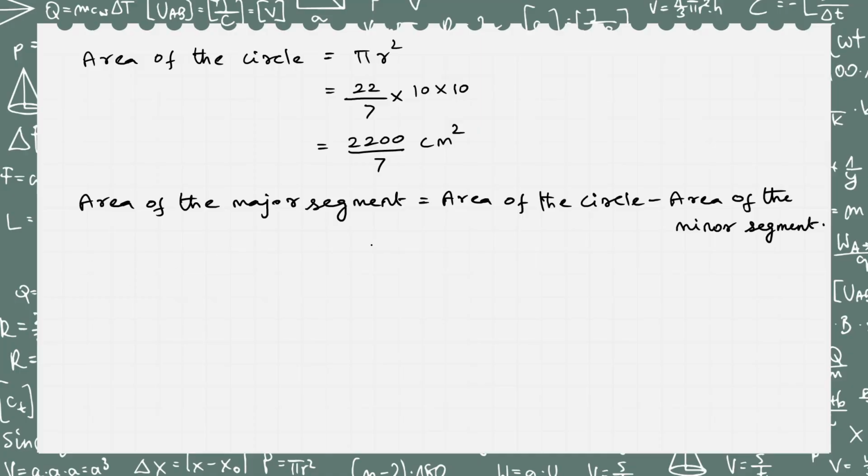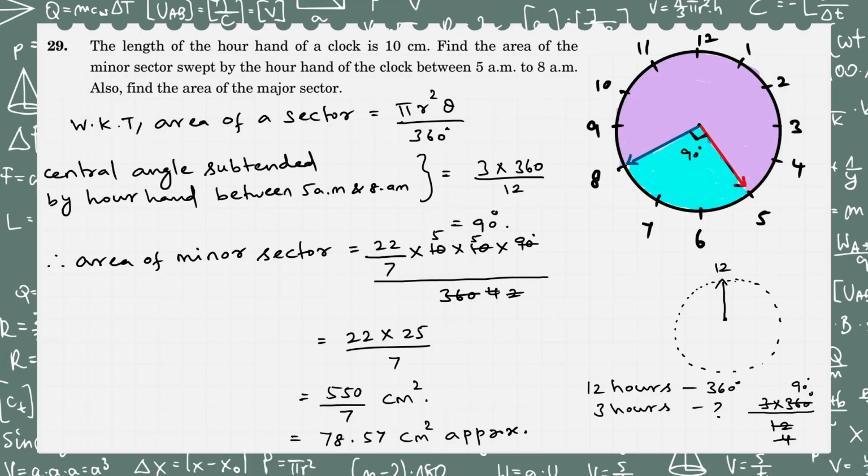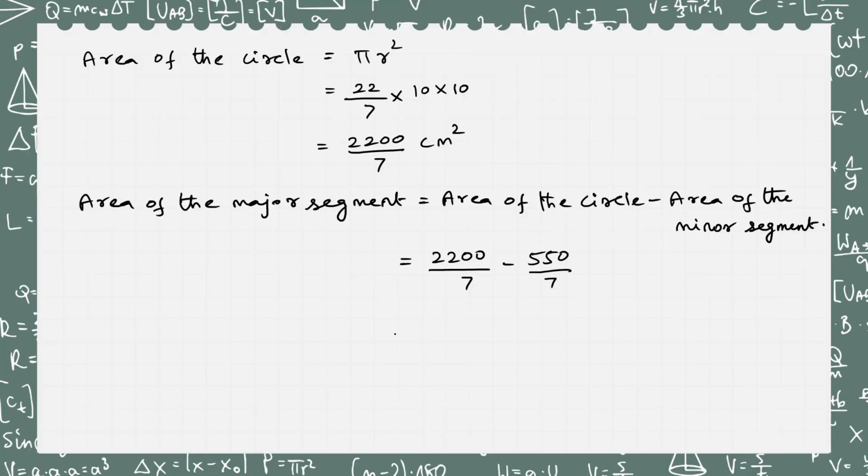Right? So that is equal to the area of the circle, 2200 by 7, and for the minor segment's area, let us take the fractional version of the area. Let us not take the decimal version. 550 by 7 we can put now. Okay, now we can easily take LCM. That's why I have taken that. So 7 is the LCM.